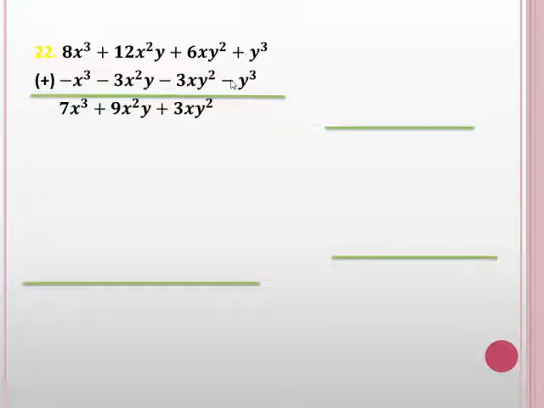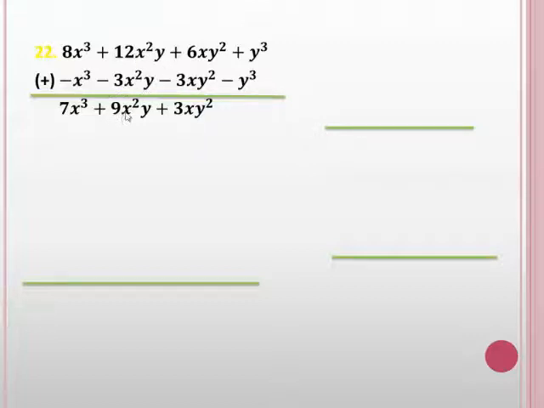This one has the plus sign, this one has the minus sign, so they cancel each other and carry 0. So plus y cube and minus y cube, the answer is 0. We don't write the 0 here. Directly from this, 6xy square minus 3xy square, the answer is plus 3xy square, and plus 12x square y minus 3x square y.